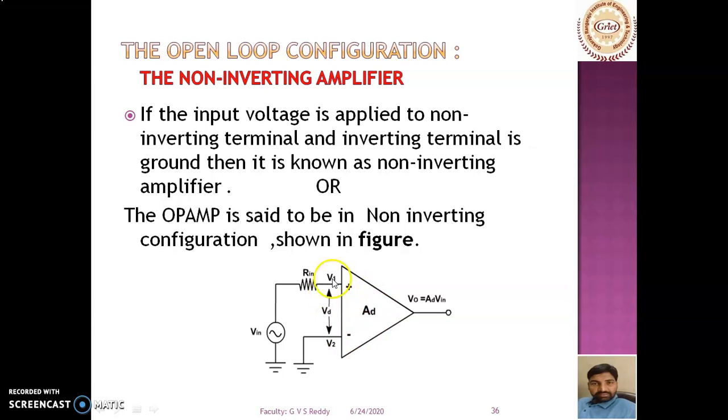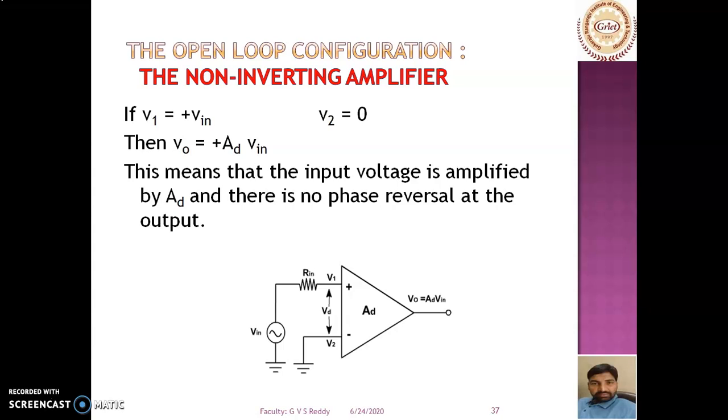So here this is the operational amplifier with two input terminals and one output terminal. At the non-inverting terminal, one and only one input VIN is applied and the inverting terminal is grounded. If V1 equals VIN, that is, V2 equals 0 volts, then the corresponding output voltage VO equals AD into VIN.